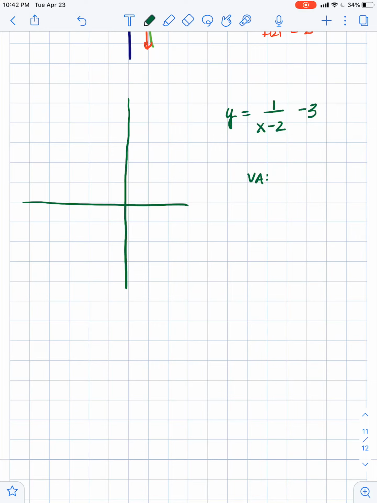Okay, so my vertical line is normally at 0. How many did I shift it? Okay, and the answer is I shifted it to the right. Okay, again, because this is x minus h, that's my formula. So you see that that 2 is my shift. So this is now x equals 2.